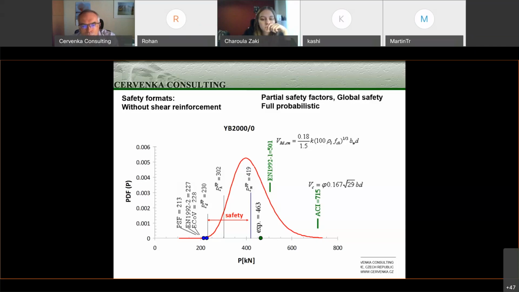Of course, in the ACI they now introduce a new formula to take into account the size effect in a better way. So this is the old formula before the size effect was properly considered. On this example, it is actually not yet part of the uncertainty model, the uncertainty safety factor evaluation, but this also shows how this example behaves with these safety formats.